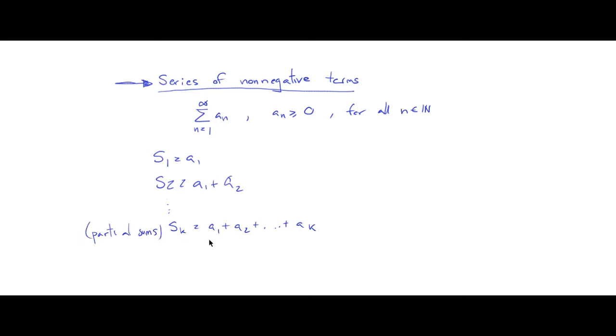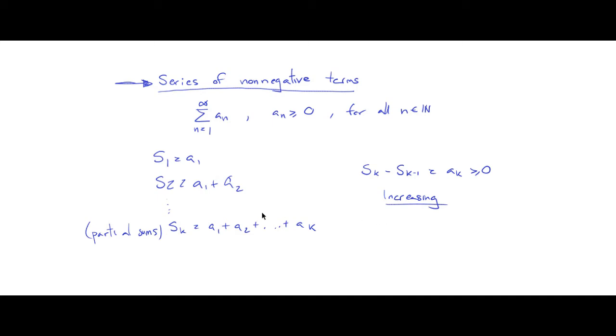Well, this is an increasing sequence. If we take S sub k minus S sub k minus 1, what we get is A sub k, which is greater than or equal to 0. So the difference between two consecutive terms in the sequence is non-negative, which means that this sequence is monotonically increasing, as we saw in unit 3 about sequences.